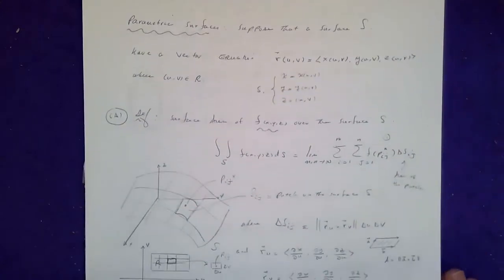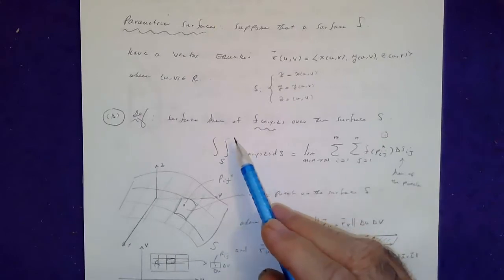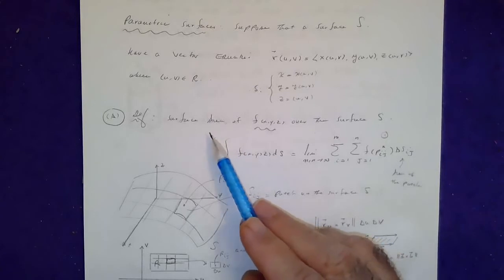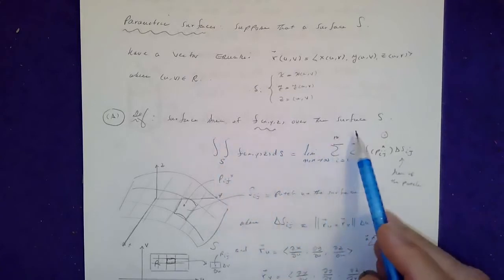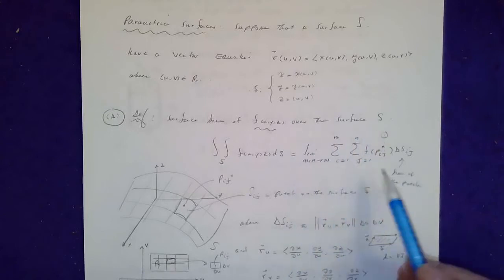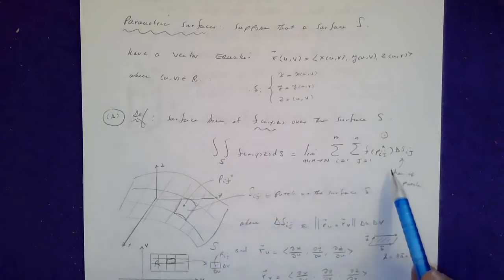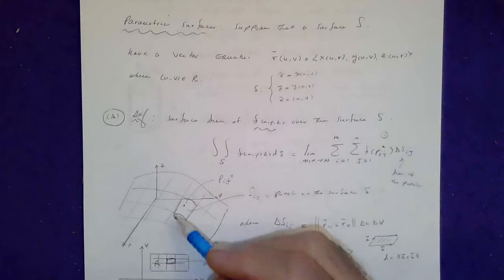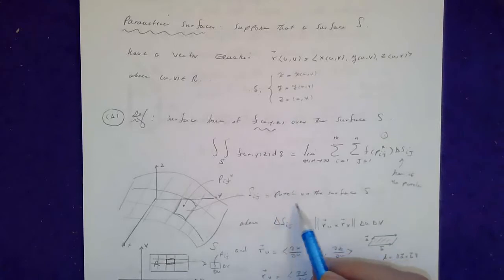Now, the definition of the surface integral goes as follows. The surface integral of, let's say, f(x,y,z) over the surface S is defined as a double sum, evaluating the function at some sample point on the surface, times the area of a little piece of the surface, which we call a patch.